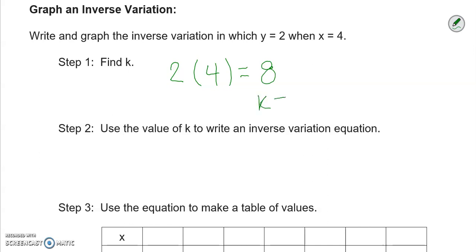Now we're going to use the value of k to write an inverse variation equation. For our equation, we will have y equals k over x, so 8 over x. That is our equation.